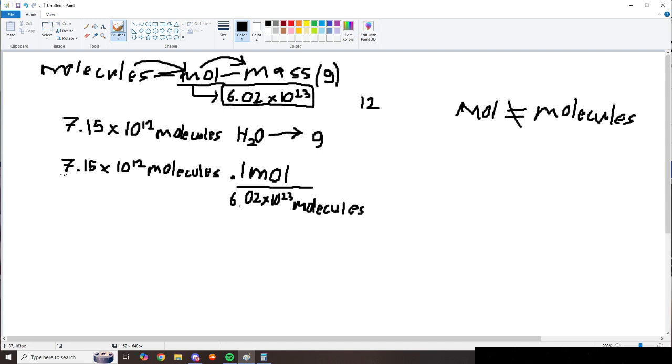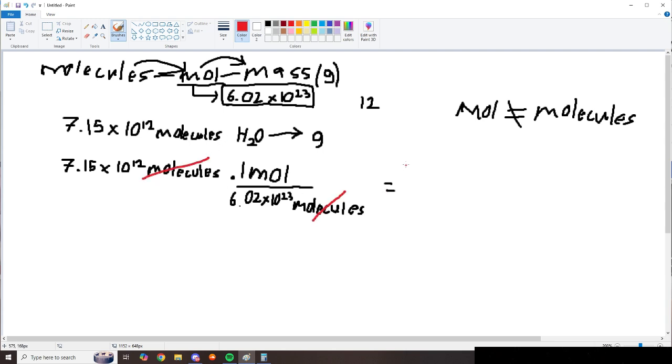Now, what we're going to do here is we times it by mole, so our unit we're going to have at the end is moles. And the unit that's going to cancel out is molecules. So these two are going to cancel out.